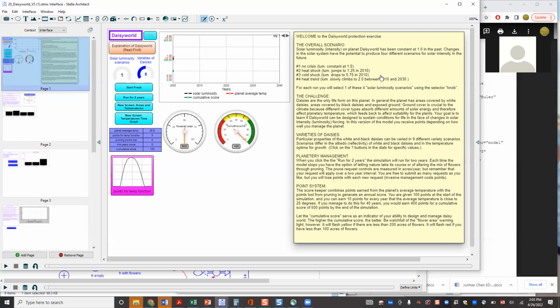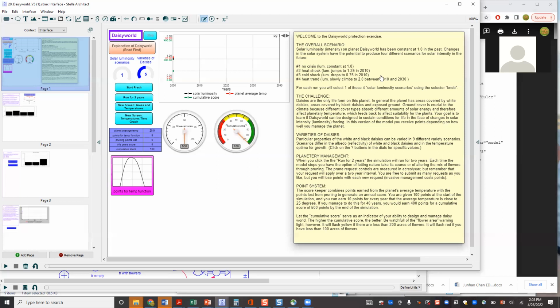You're simply trying to create a model that allows them to explore the implications of various different scenarios on some system that you've built. So you can build an interface like this that allows other users to simply play with it and understand the basic principles behind what's done. They never need to even look at the Stella model we were just using. They could just interact with the interface.